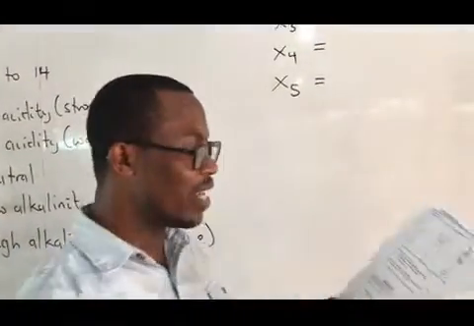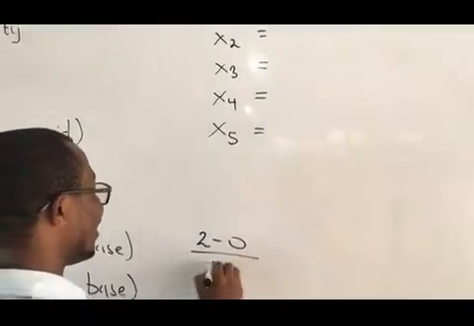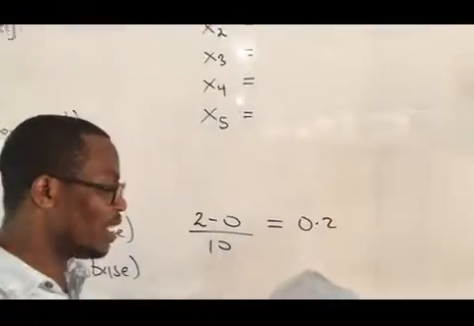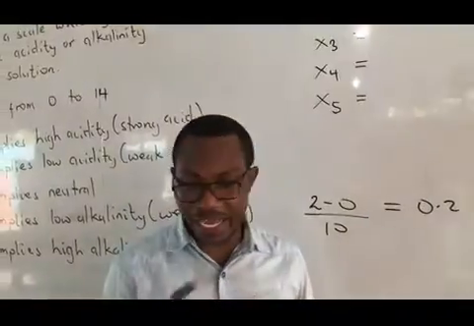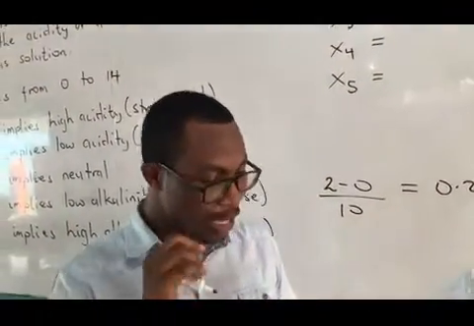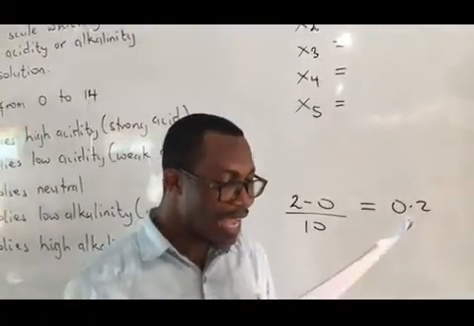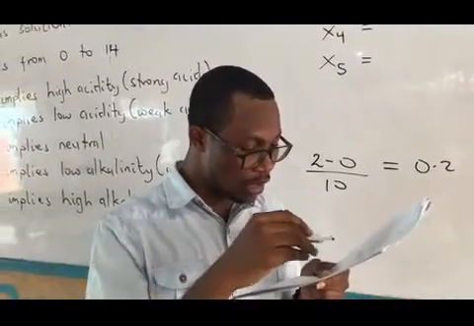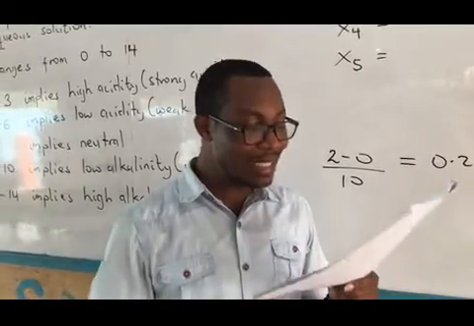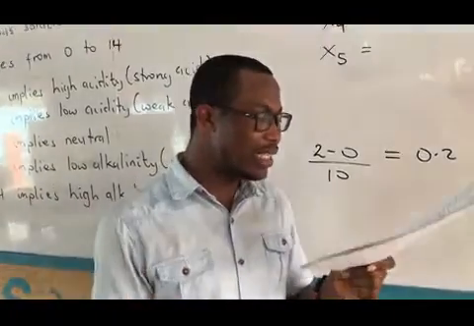So how do we get the value of each smaller division? It will be 2 minus 0 over 10. That will give you 2 on 10, which is 0.2. So it means that each of the smaller divisions is 0.2. Okay, so let's go back to the diagram. The x1 is pointing to, if you do the counting, 1, 2, 3, 4, 5, 6, the sixth division after 0.